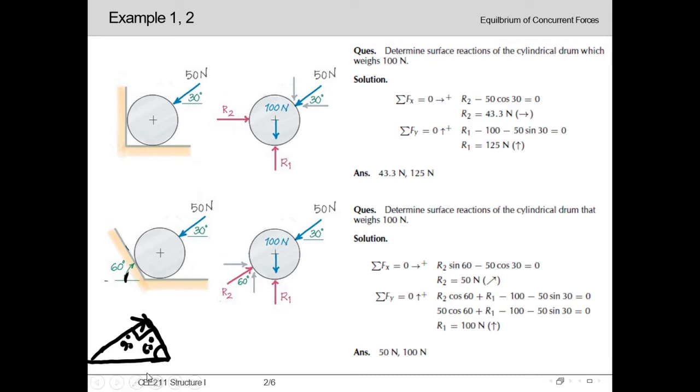So from here we can say that this angle is 90 plus 60, and the sum of all angles will be 180, so from here we will get the value of this angle as 30 degrees.